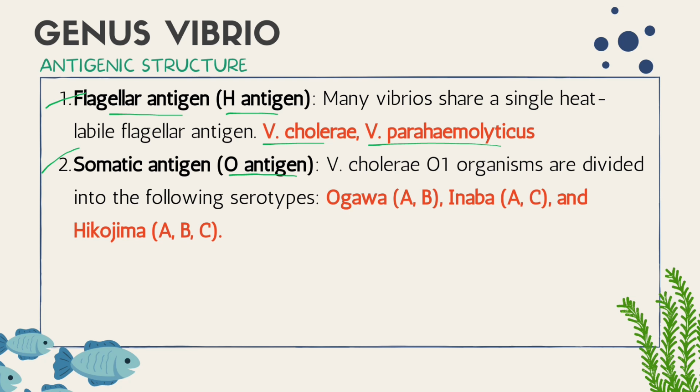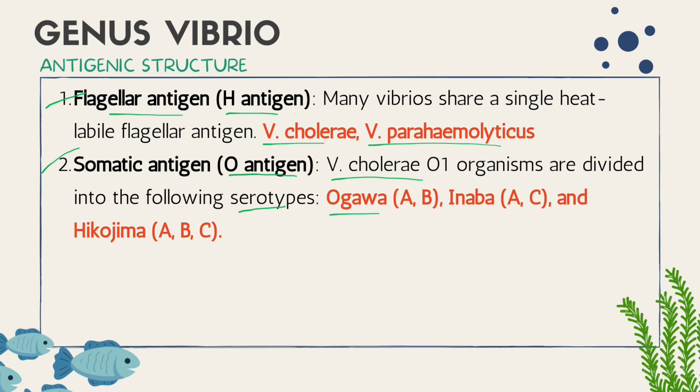While for the somatic antigen, we have Vibrio cholerae O1. This is a subtype of Vibrio cholerae, which means that it can be divided into different serotypes because it was identified by the Widal test. Okay? So it has different types of serotypes.